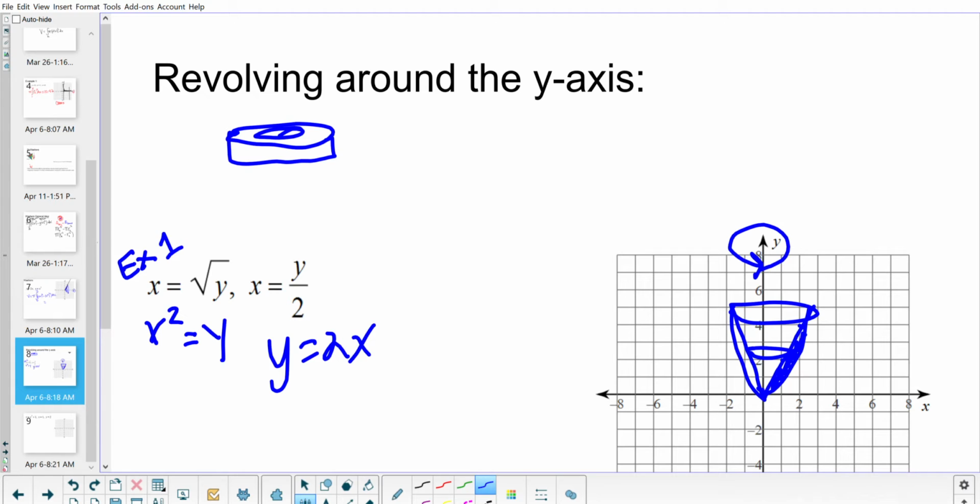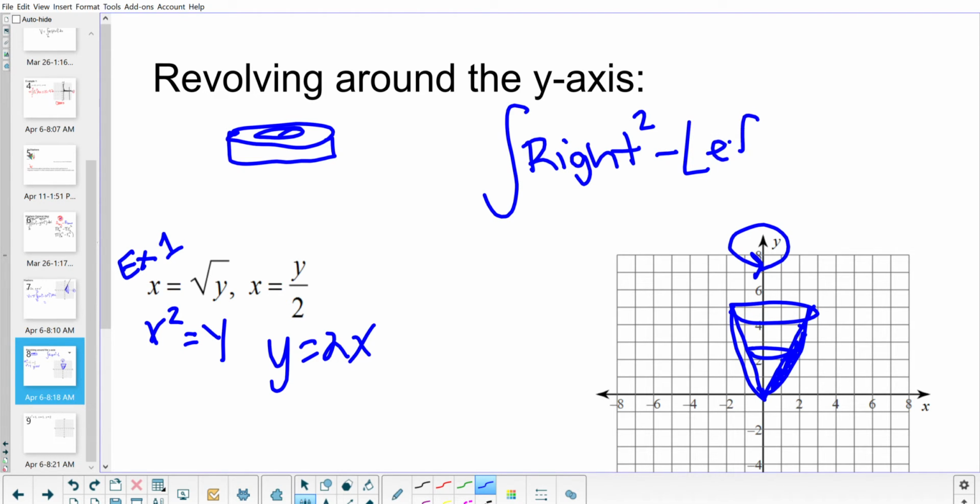Well, it's going to be that same idea here, but I want to be a little bit more specific than big radius. It's going to be whatever is on the right. So the right function, that's going to be your big radius. That's going to be the biggest one, the one that's furthest away from the y-axis. So right function squared minus left function squared.